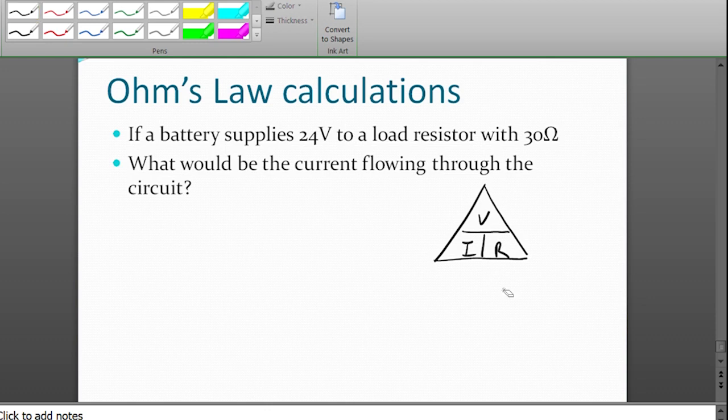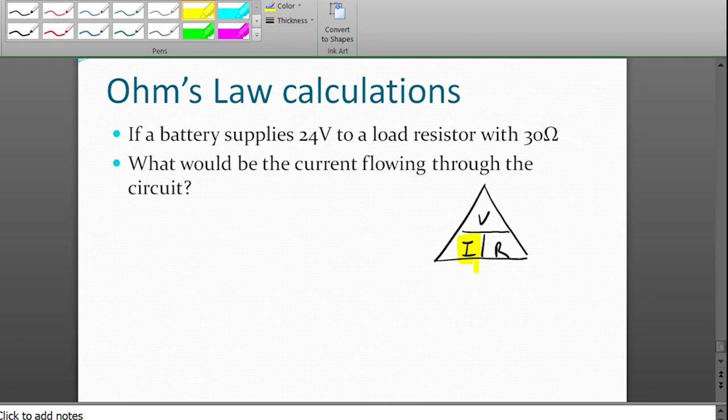So whichever one you cover, the other two expose the formula. So this is asking you to find the amount of current that would be flowing through the circuit. And you know that I is for current. Let's highlight I. I is the one highlighted, it's the one that we're trying to find.